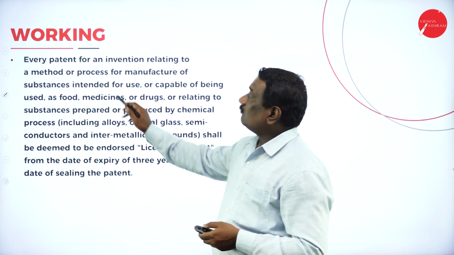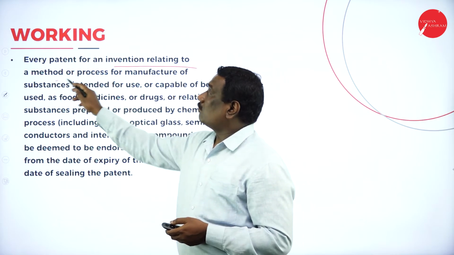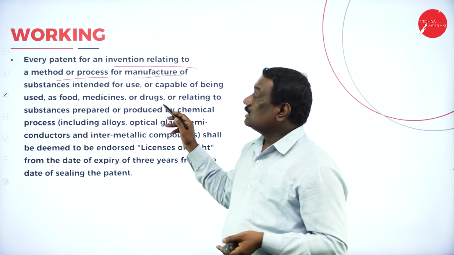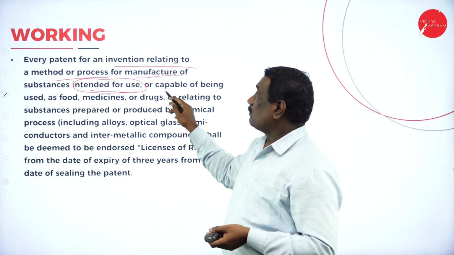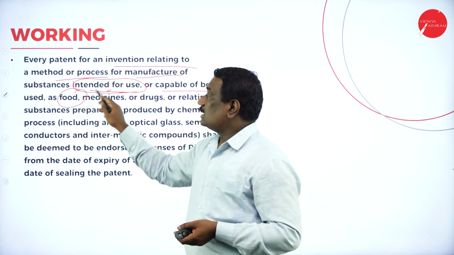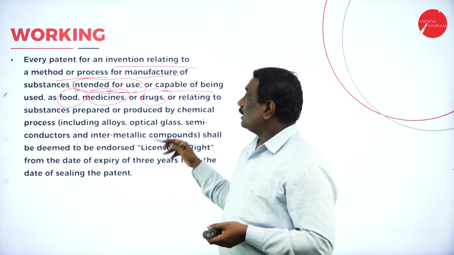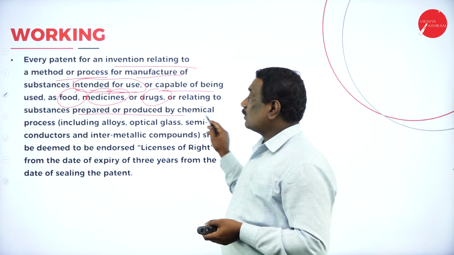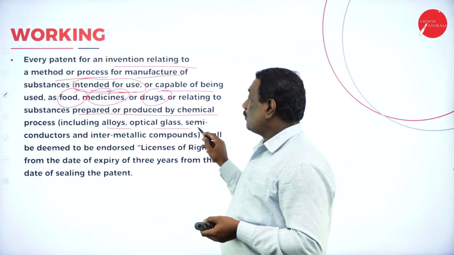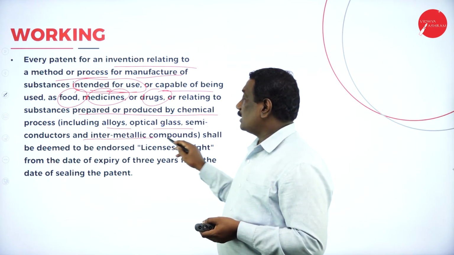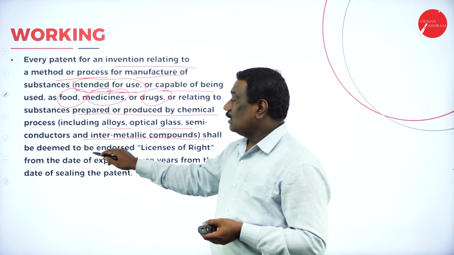And every patent for an invention relating to any method or process for manufacture of any kind of substance intended for use or capable of being used as food, medicines or drugs, or relating to any substances prepared or produced by a chemical process, including alloys, optical glass, semiconductors, intermetallic compounds, shall be deemed to be endorsed.